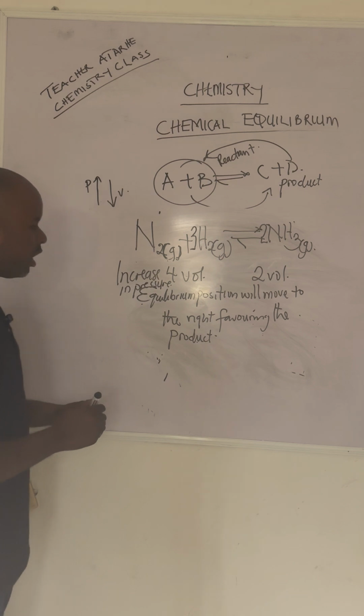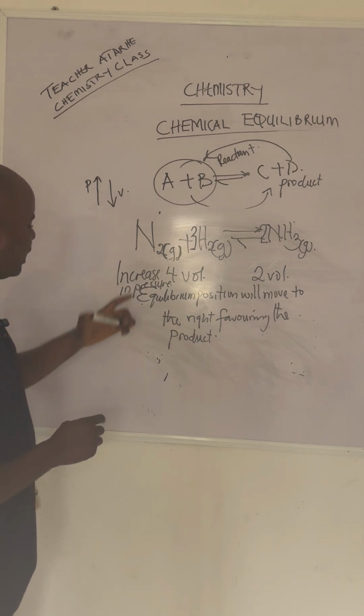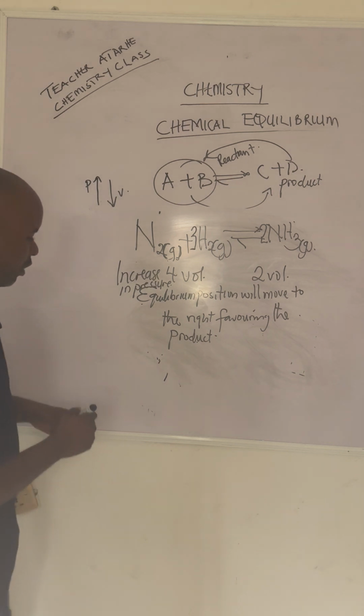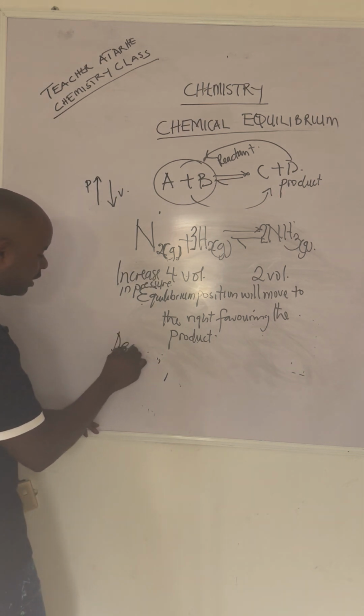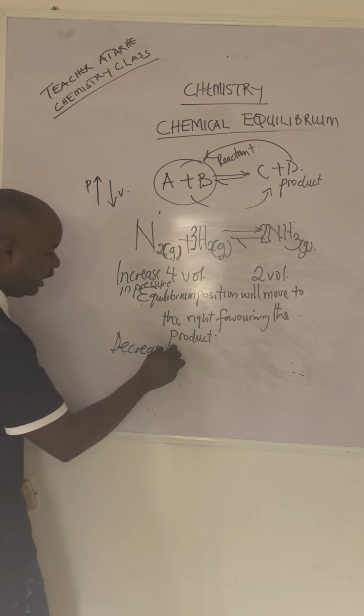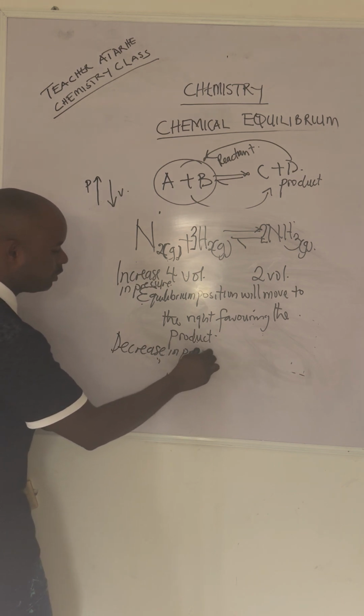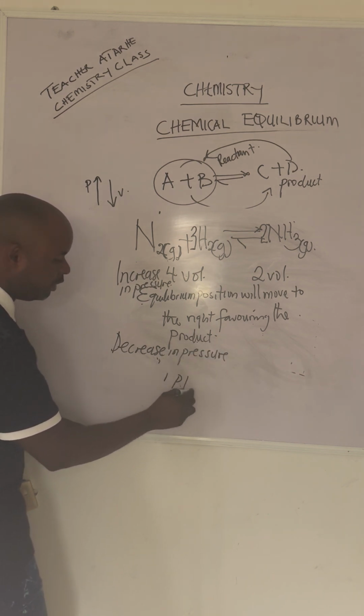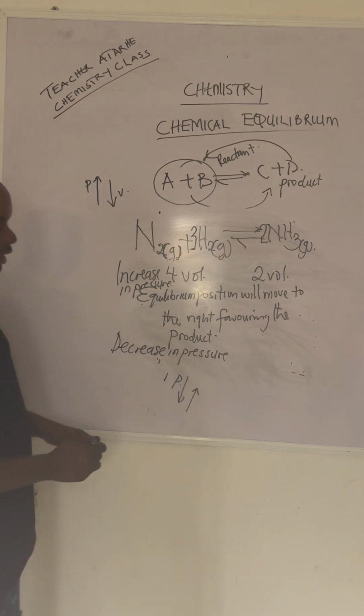So what will happen when the pressure is decreased? Where will the equilibrium position move to? We are going to talk about decrease in pressure. If pressure is decreasing, this is P, volume is increasing.